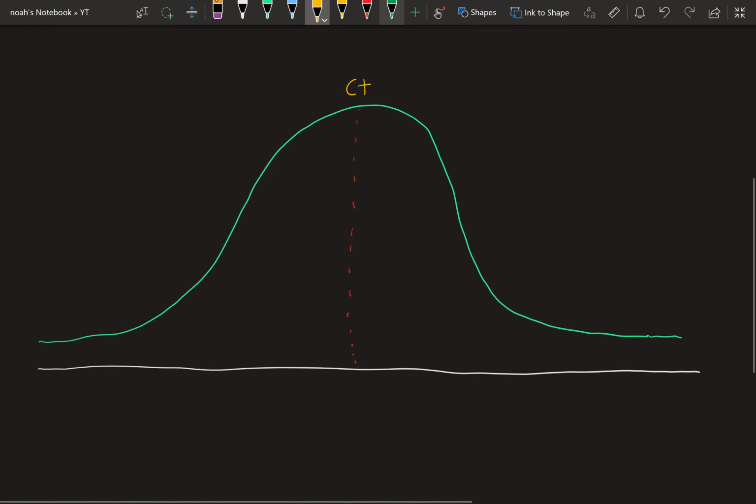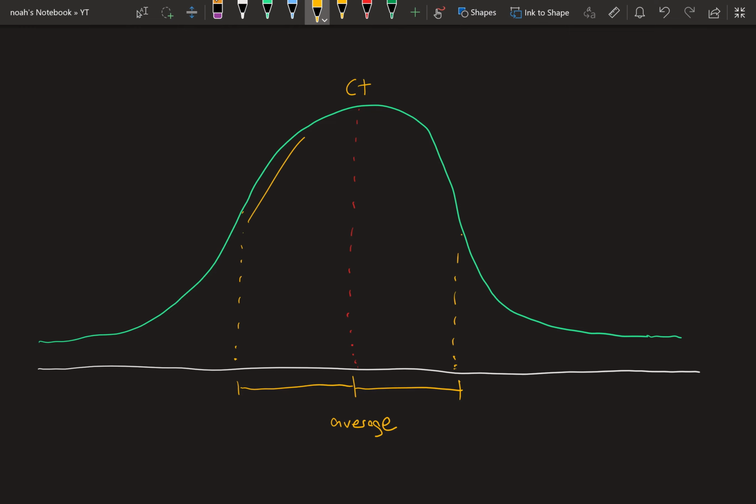And then from here, around here, approximately, is one standard deviation away from the average. So this is the average, and it's approximately one standard deviation, which is how much the grades deviate from each other.